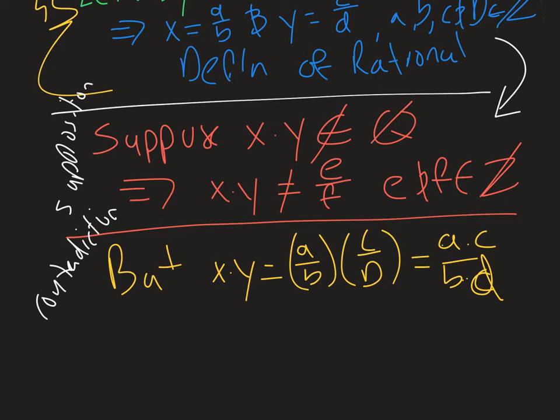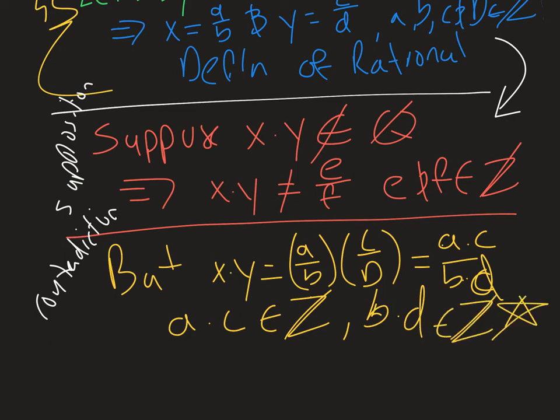Now, I think we can pretty safely say a times c is a member of the integers. If I multiply an integer by an integer, it's an integer. And likewise, b times d is also a member of the integers. I'll put a star on this line because we may have to prove that one later down the line, but for now, I think we can accept that as a result. If I multiply 5 times 5, I'm still going to land as an integer, or vice versa, 5 times a negative 5.